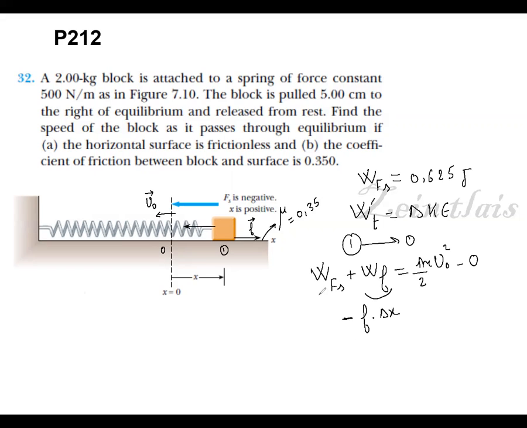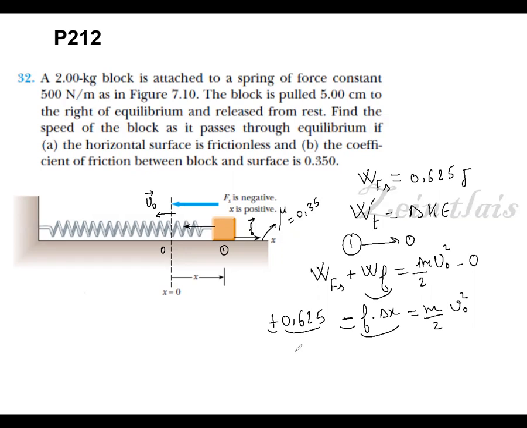And we have the value of omega Fs, 0.625, in the positive direction. We put the sign times the magnitude in absolute value. This equals m divided by 2 VO square.